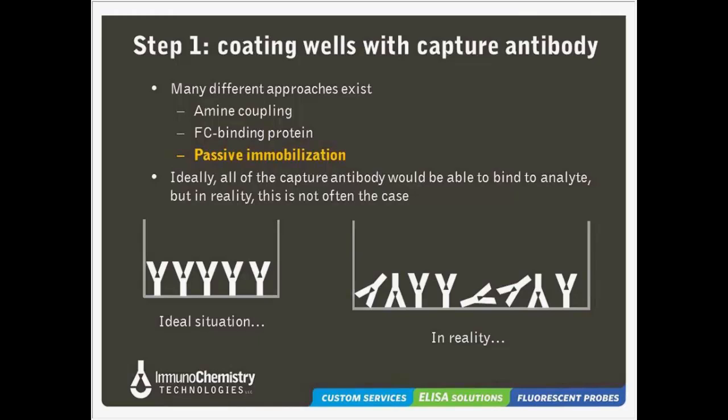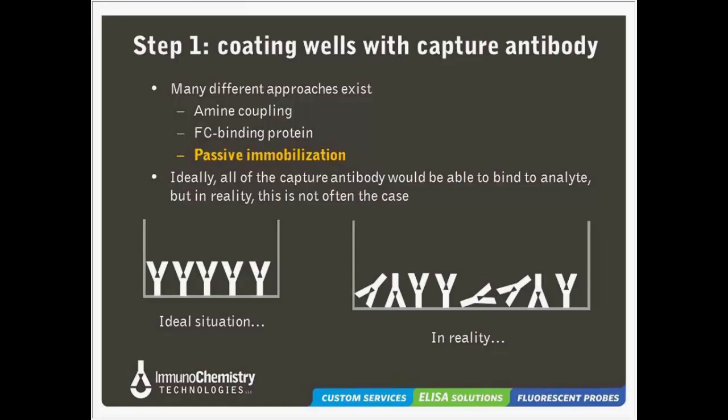The further up the pH scale you go, the more electron accepting you have, and so all those NH3s are going to be now NH2s, and your overall net charge of the antibody is going to be negative. And so that'll help it stick to the plate.